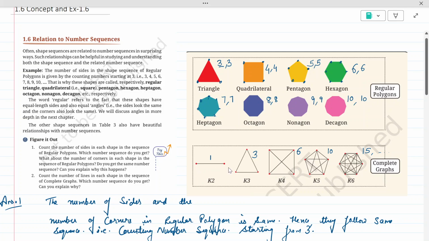But if we look at the dots, the corners, they follow a counting number sequence starting with 2, which we did in the previous class. So don't confuse them: there we were talking about the corners, and here we are talking about the lines.